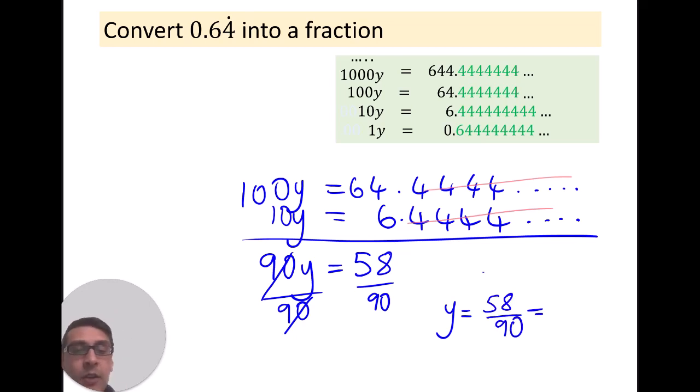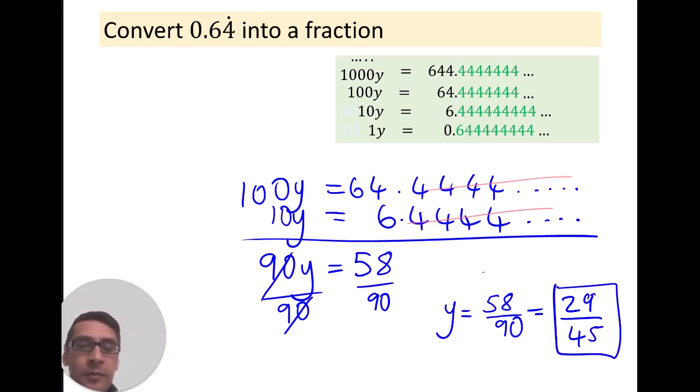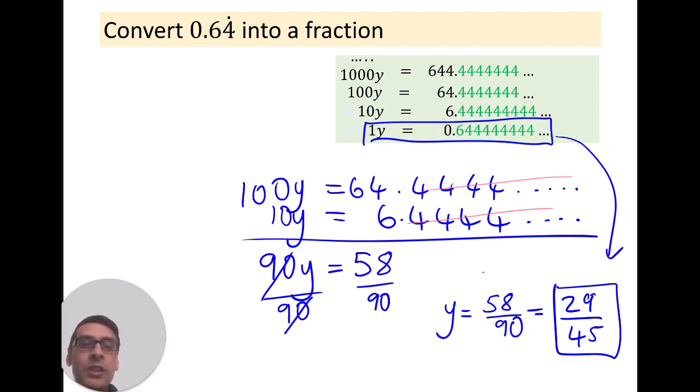And in this case, they're both even, so we can simplify. 58 divided by 90 will become 29 over 45. And now remember, y is equal to 29 over 45, but y is also equal to the question 0.64 recurring. Therefore, 0.64 recurring is equal to 29 over 45.